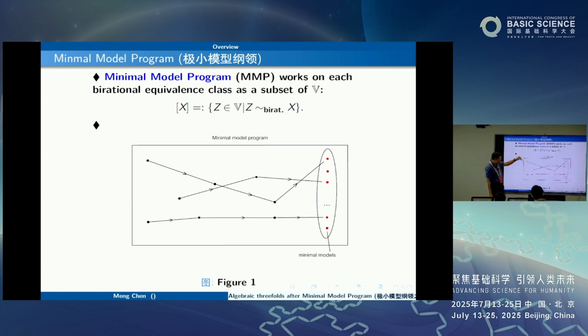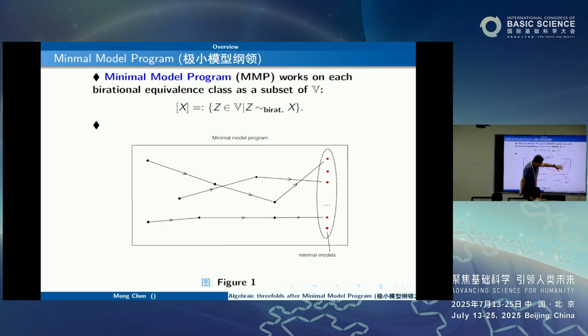The MMP predicts that after a finite number of elementary contractions or deformations, you will arrive at some end point. This is usually called a minimal variety or minimal model. Any two objects are connected after some finite steps of elementary deformation. They are connected by minimal models.